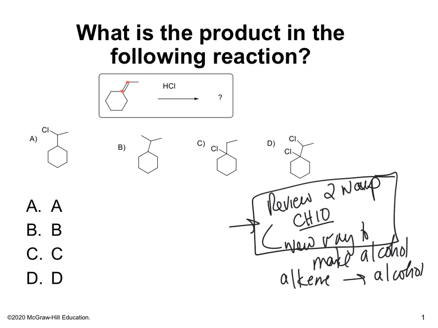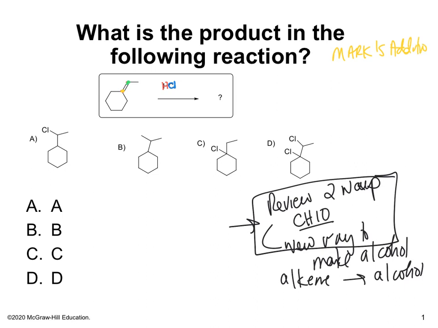And so we're going to add a hydrogen, and we're also going to add a chlorine across this double bond. So one of these is going to get the H, and the other carbon is going to get the Cl. This is Markovnikov's addition, Mark's addition.